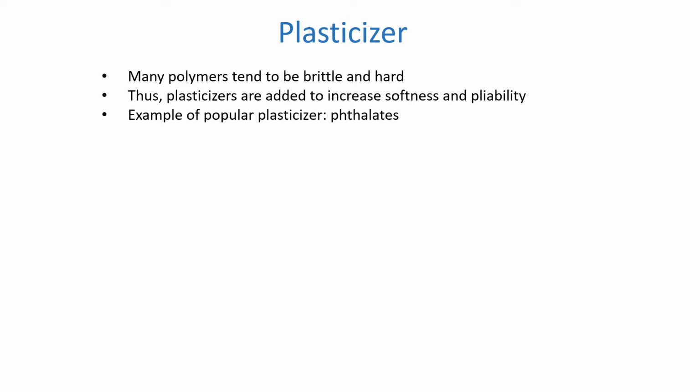And the second additive is plasticizer, such as phthalates, the one that gives you the new car smell, because this phthalate is added to enhance the tensile strength, as well as to prevent brittleness in the original polymer. So this plasticizer can increase softness as well.